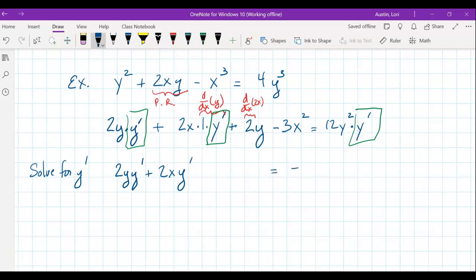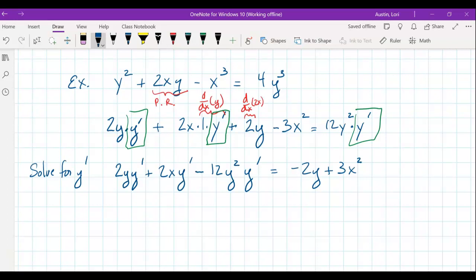I'm bringing over negative 2y, and I'm bringing over 3x squared, and I'm bringing over 12y y prime to the other side, minus. All right, so all I did was take the terms that have y prime, put them all on one side of the equation, took the terms that had no y prime, put them on the other side of the equation.